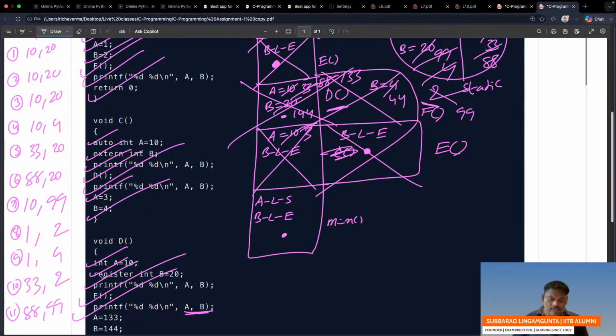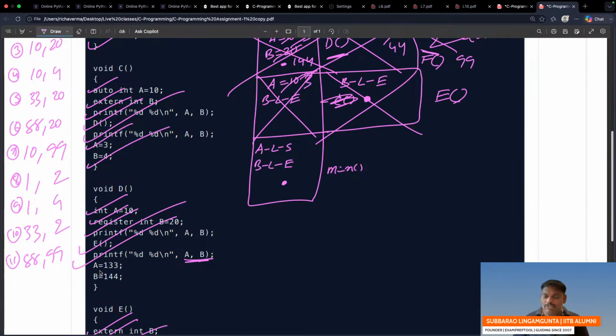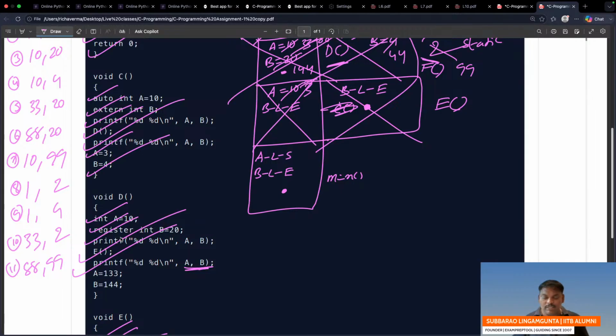Anything missing? Check. Totally 12 values required. Where is it missing? Somewhere it is missed out. Can you verify where it is missed out? Totally 12 values required.